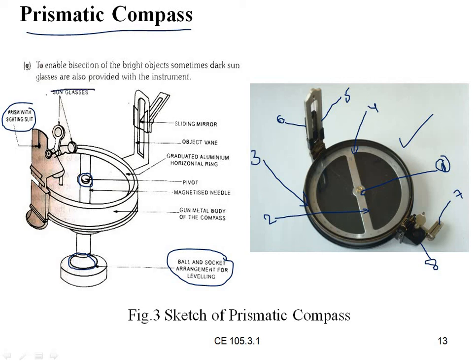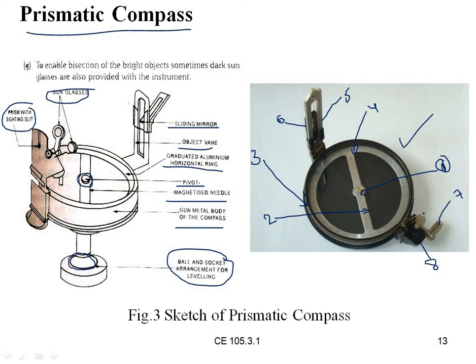So these are the sunglasses. This is the sliding mirror, object vane, graduated aluminum horizontal ring, prism, and magnetized needle. This is the gunmetal body. So these are the component parts of a Prismatic compass.